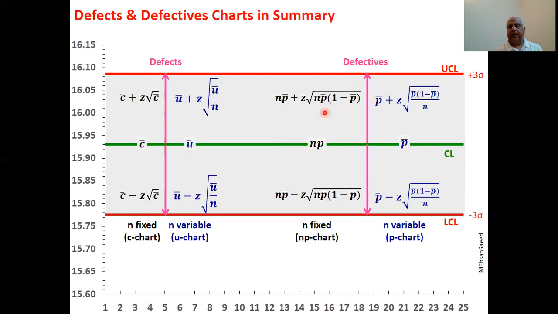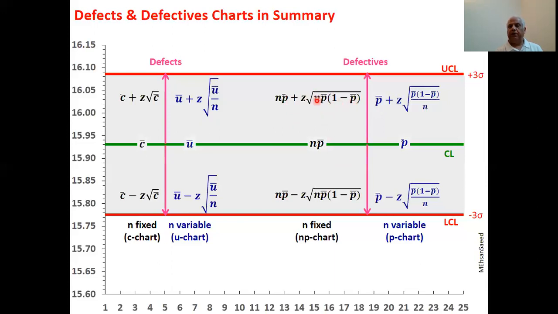In case of defectives, if the sample size is fixed, the center line is NP bar, and in case it is variable, the center line is P bar. The upper control limit is the center line, this one here, plus 3, value of Z, and under root, center line again, multiplied by 1 minus P bar.